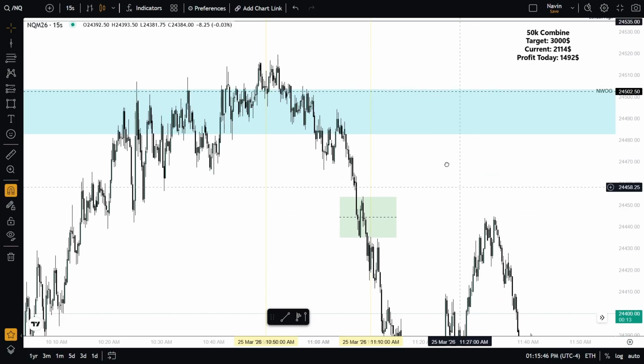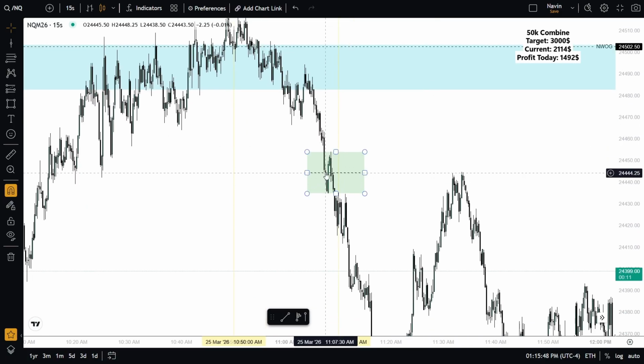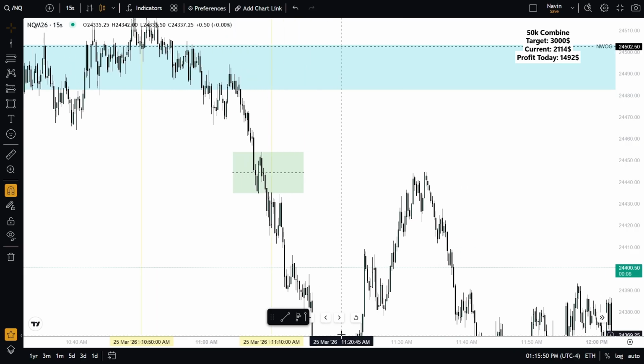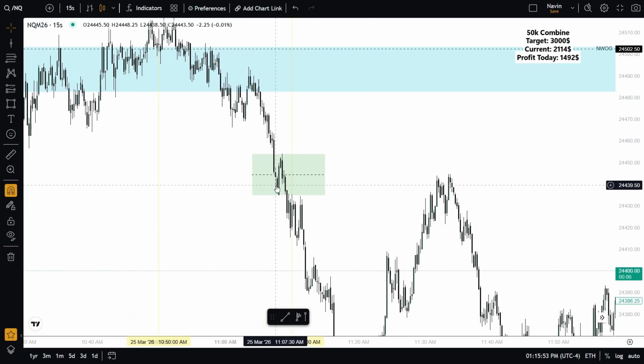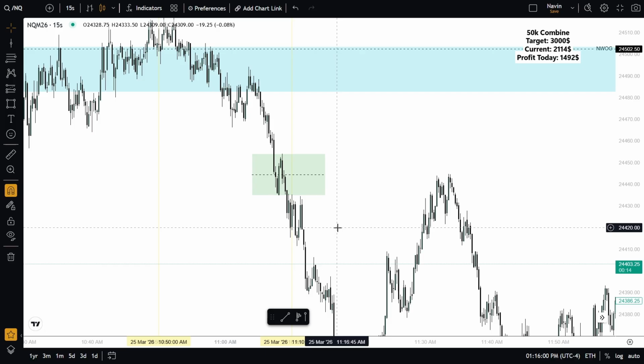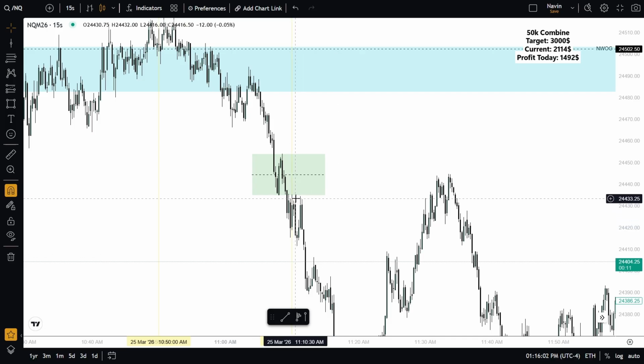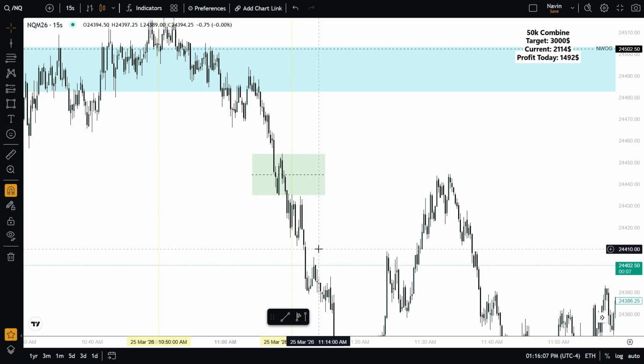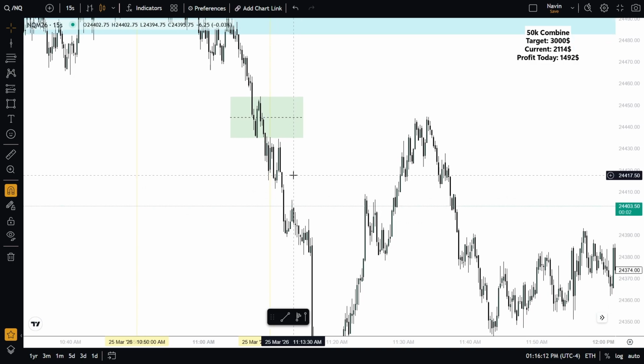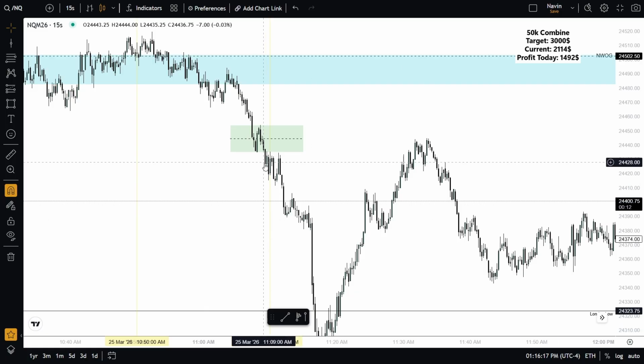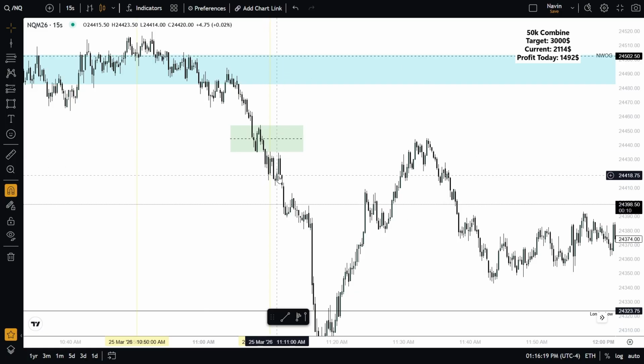Right here, we can see the 15 second chart. These two or more consecutive candles formed the 1 minute candle in the 1 minute chart. I was waiting for this price action. Once it entered and then left with an impulsive price action, that showed me it has willingness to move towards the London low. So this is right where I just took the trade.